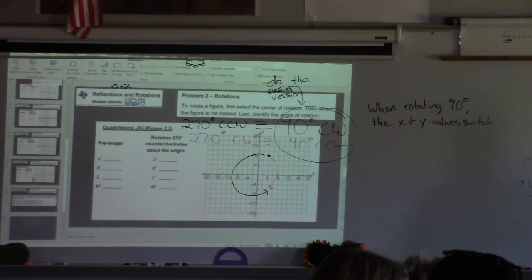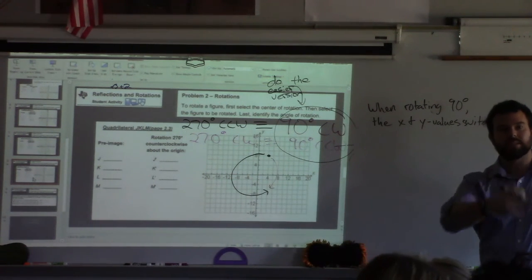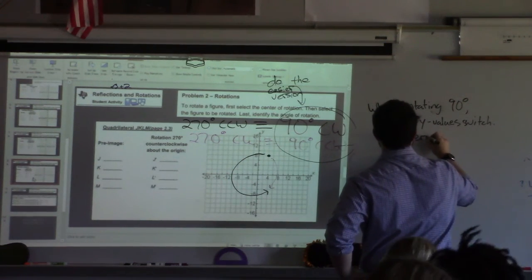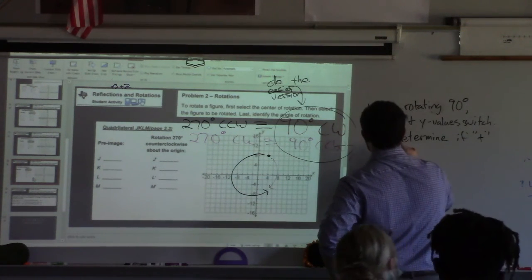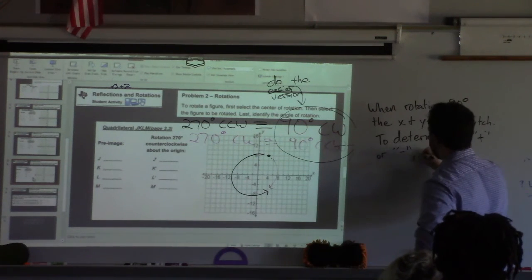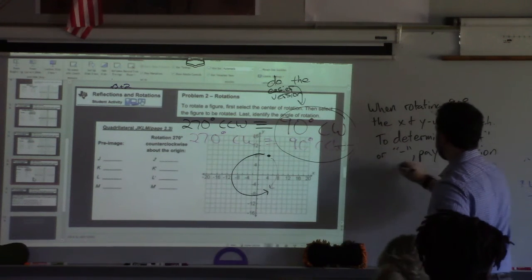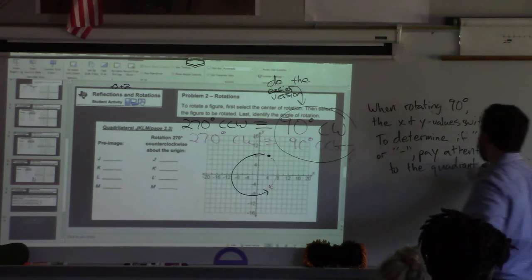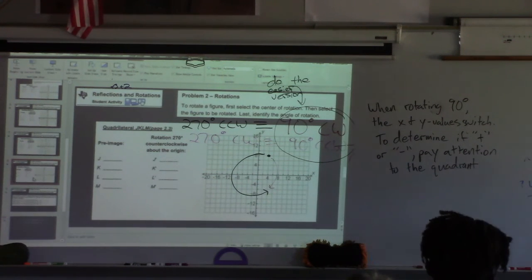Pay attention to the quadrant, which is based on the axes, right? So to determine if positive or negative, pay attention to the quadrant. You know, or should know by now, that those x and y values are going to switch. You just need to pay attention to the quadrants going in to determine if it's positive or negative.